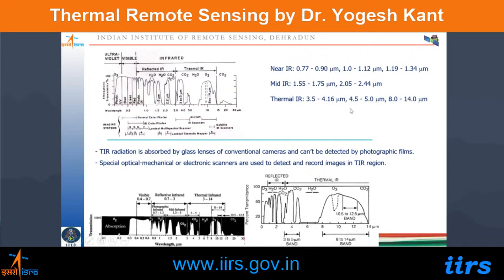Also, in the 6 to 7 micrometer range, there is absorption by water vapor. This problem also becomes a help to understand the level of water vapor in the atmosphere.